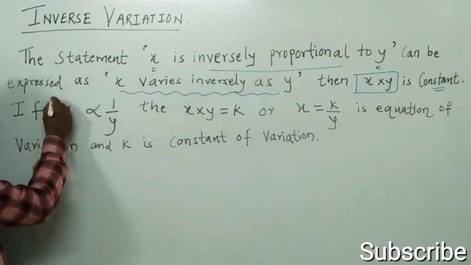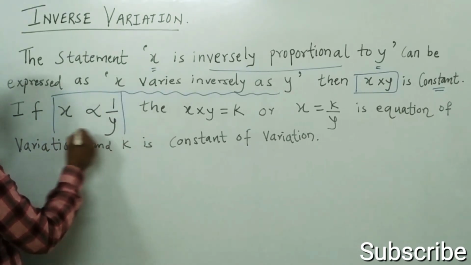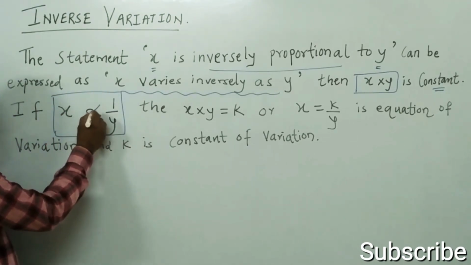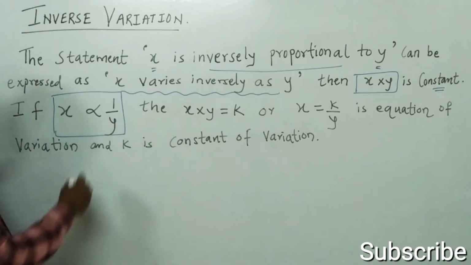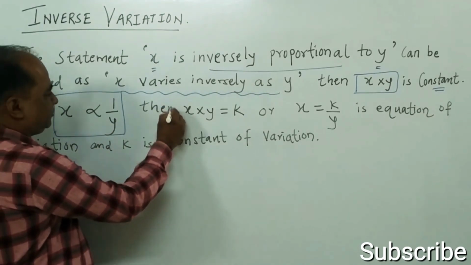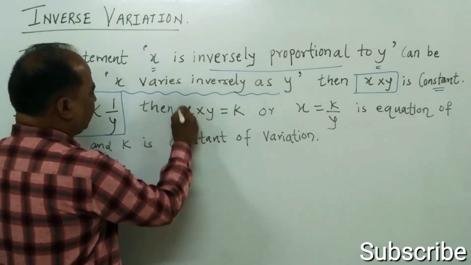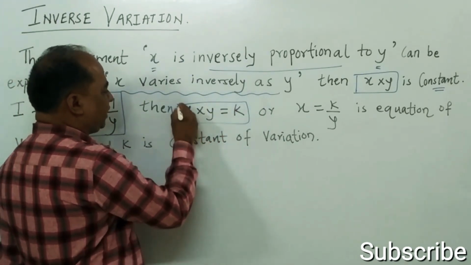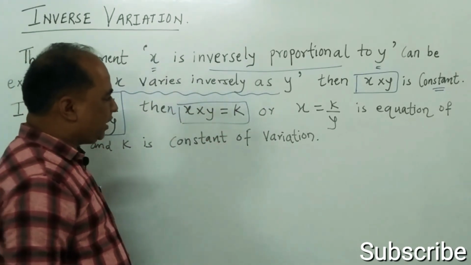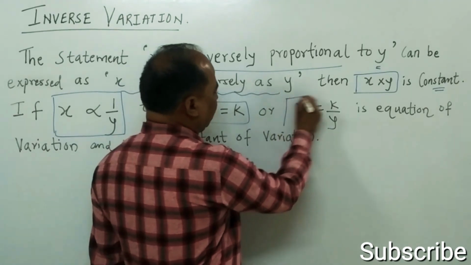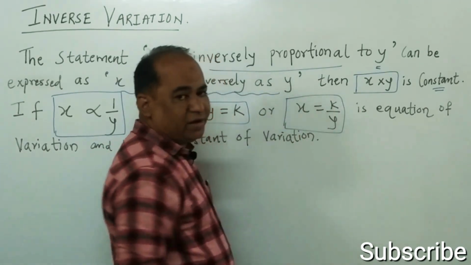If x varies inversely, in symbolical form we can write x varies inversely as 1 upon y. Then x into y is equal to k, or you can write x is equal to k divided by y.